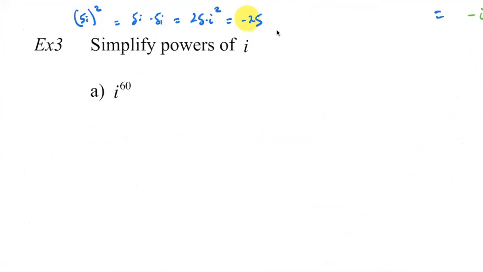So one method is to rewrite this 60th power as a multiple of 4. How many times does 4 go into 60? 15 times, right? So we can say 60 is 4 times 15. You guys agree there?